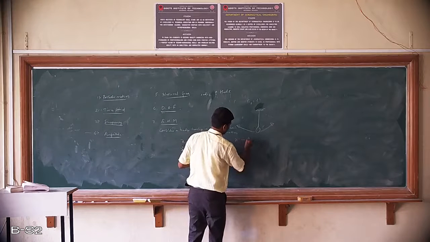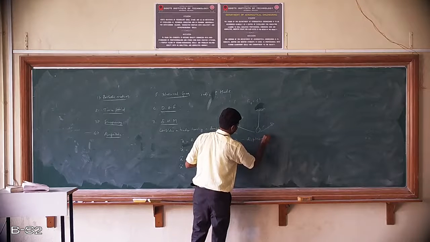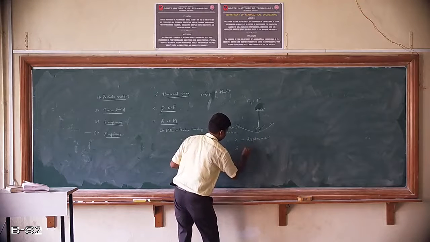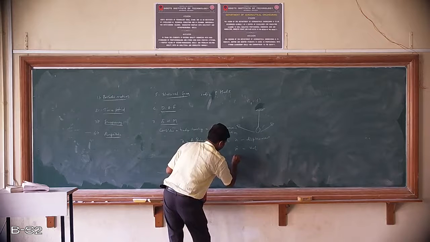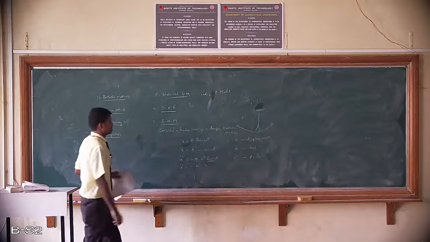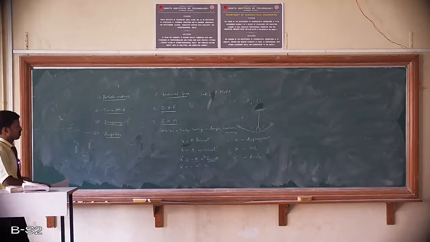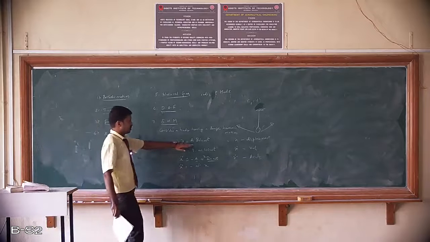Here x represents displacement, x dot represents velocity, and x double dot represents acceleration. So this equation you always have to remember.